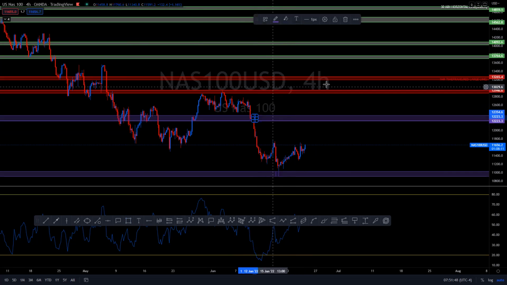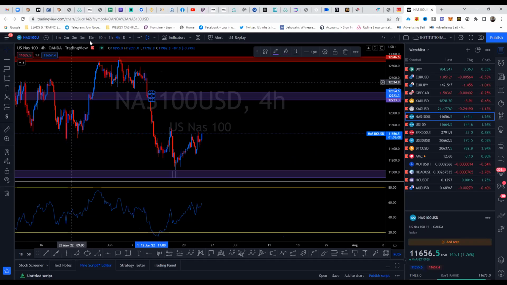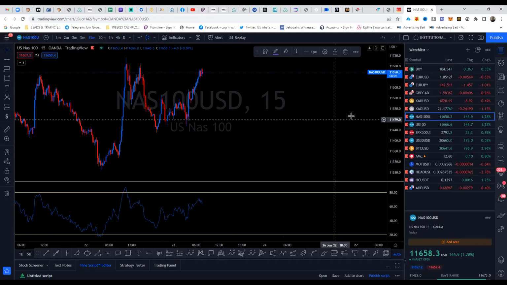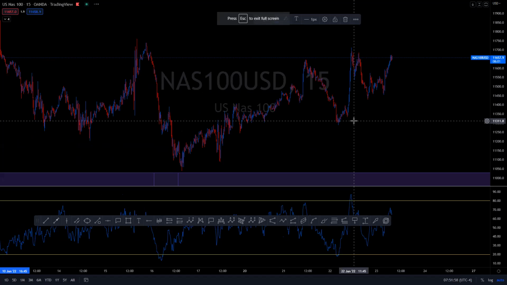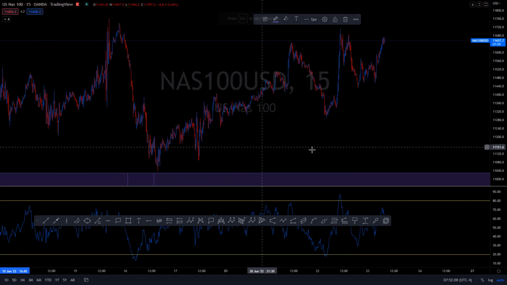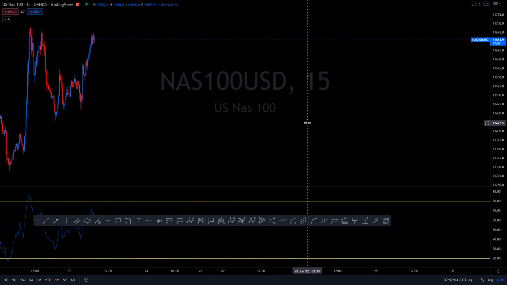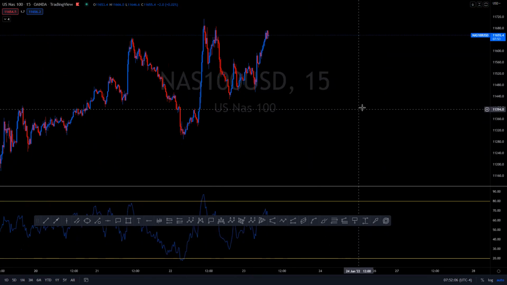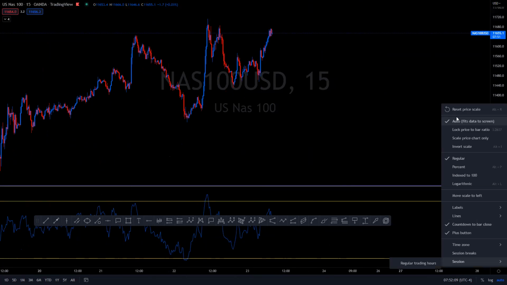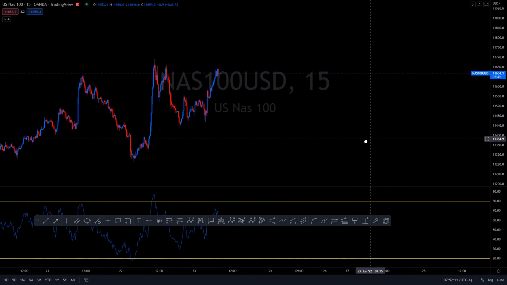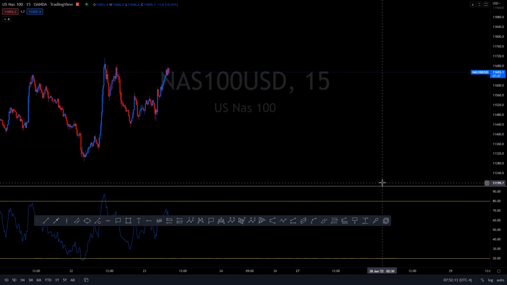Right. Now we mark that up. And so now we're going to go back to the 15-minute time frame. And as you can see, we marked these zones up pretty good. Okay. So now we're at current price. Right. Now we finished step 1.